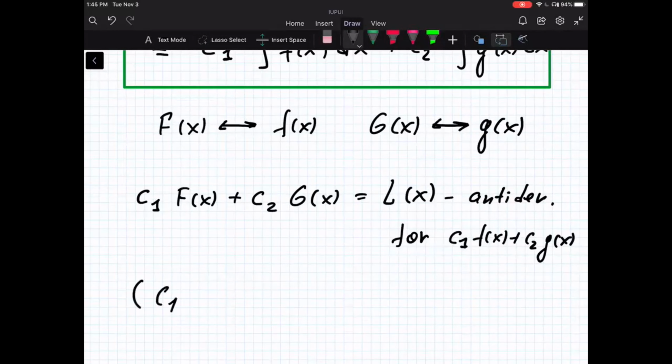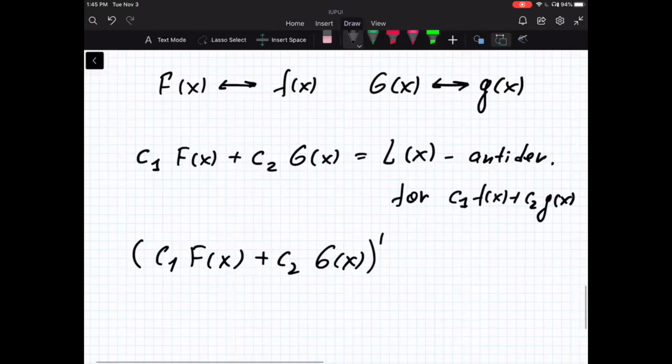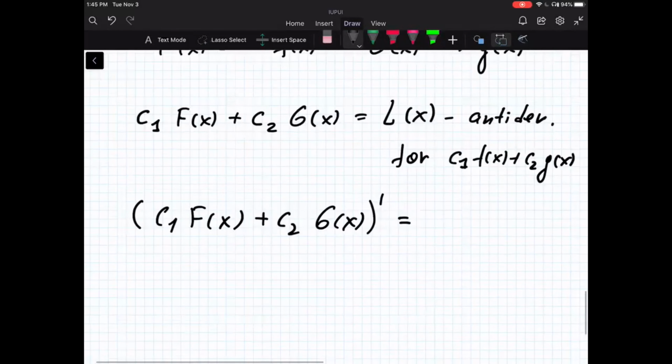And indeed, if I differentiate this, then using that differentiation is linear, that means that the derivative of the sum is the sum of the derivatives. I can write it like that.